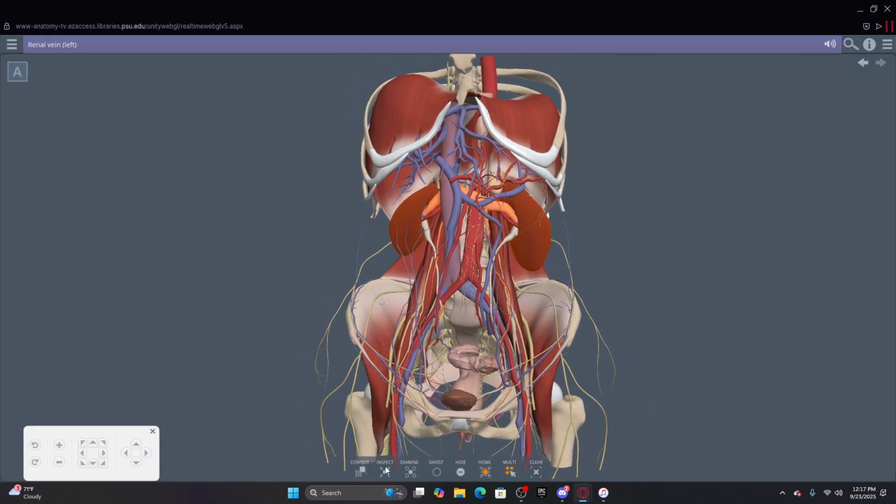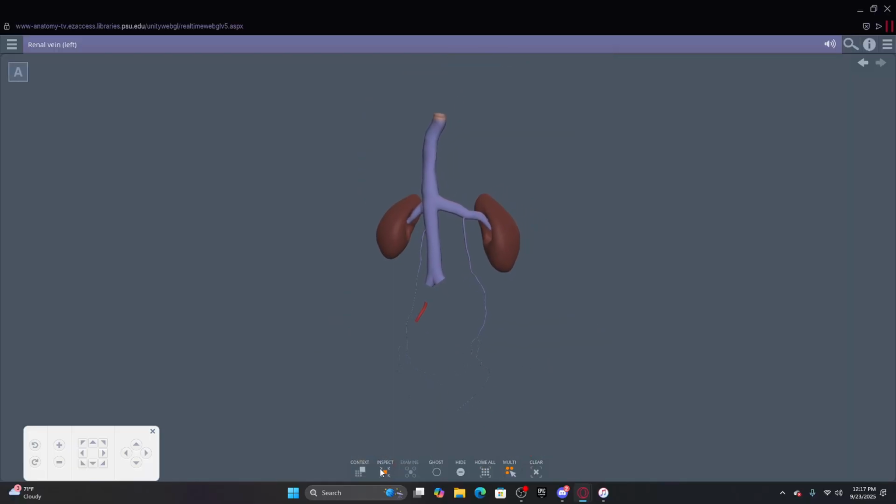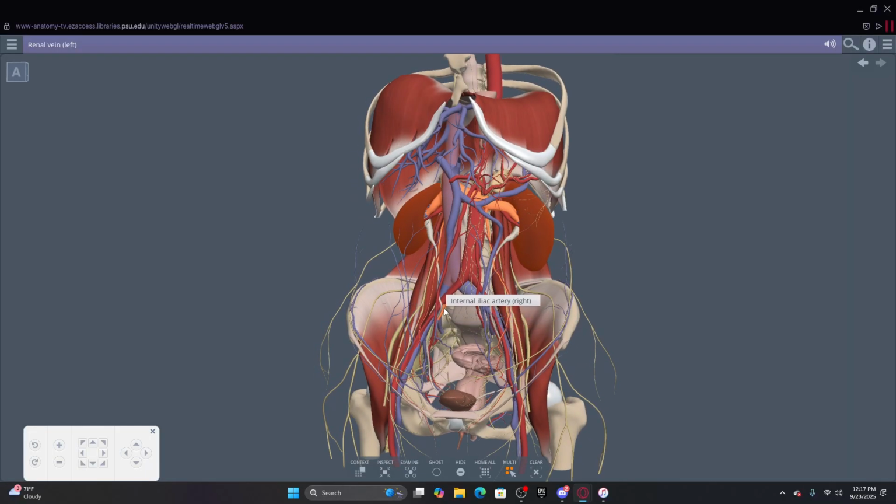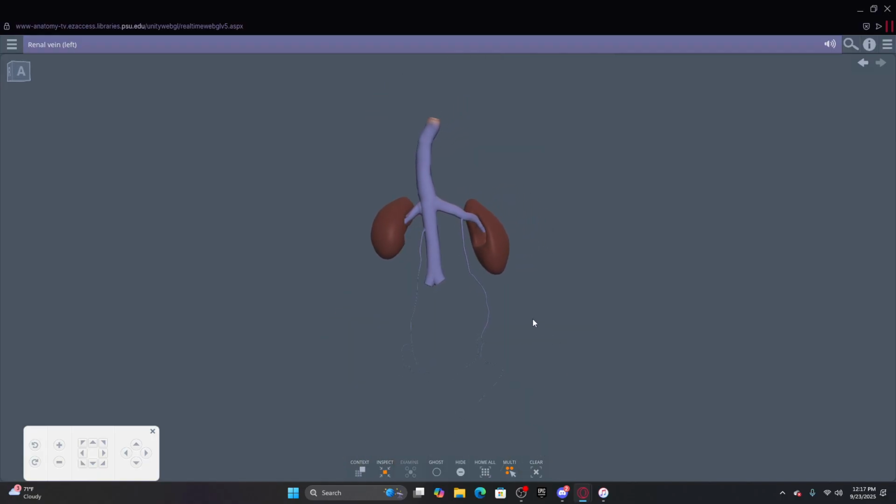Okay, so right here. Let me unselect the internal iliac artery. There we go. So we have our IVC, the inferior vena cava, which splits into our renal veins, similar to the aorta splitting into the renal arteries. Very similar. And then also coming off of the IVC is the right gonadal vein, and coming off the left renal vein is the left gonadal vein.